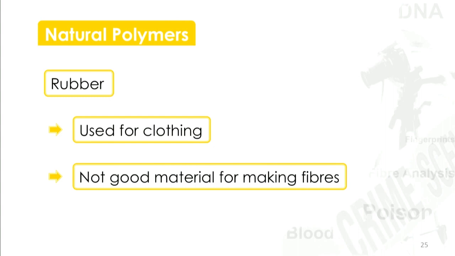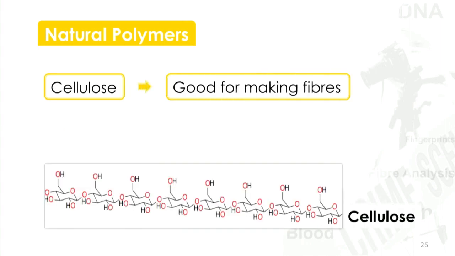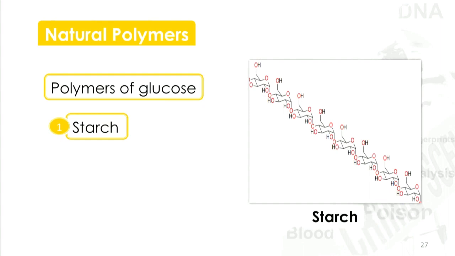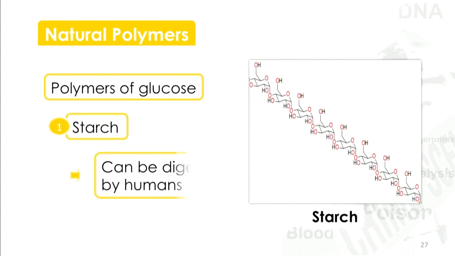One of the best natural materials used for making fibers is cellulose. Now, cellulose is a polymer of glucose, and glucose can polymerize in nature in two different ways. It can polymerize to form starch, which we can digest. We eat it every day in potatoes or rice or bread.